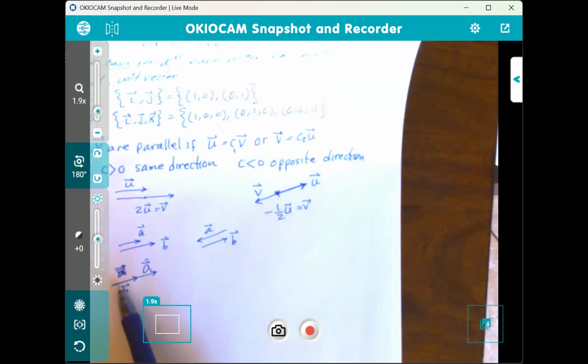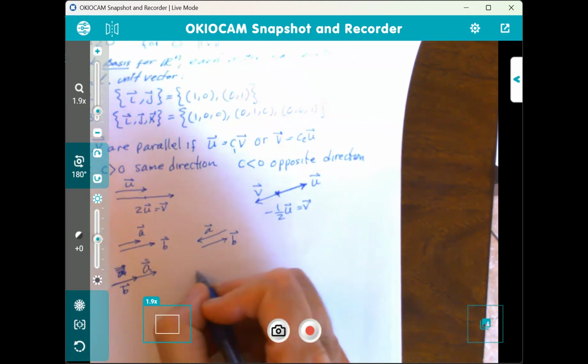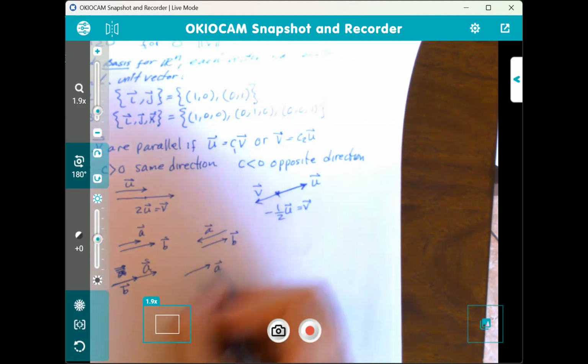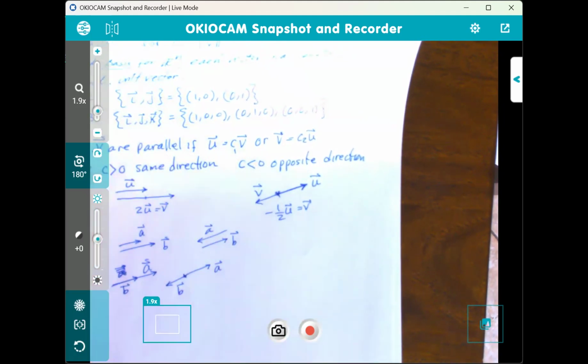Here, this is A and this is B. Notice it looks as if B overlays on top of A. So I can say these two are parallel, even though it looks like they coincide, because one is directly above the other. Or they could be going in the opposite direction. So these two vectors are parallel also. There you go. Parallel going in the same direction, parallel going in the opposite direction.